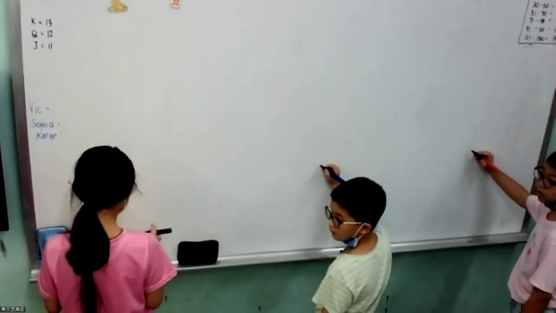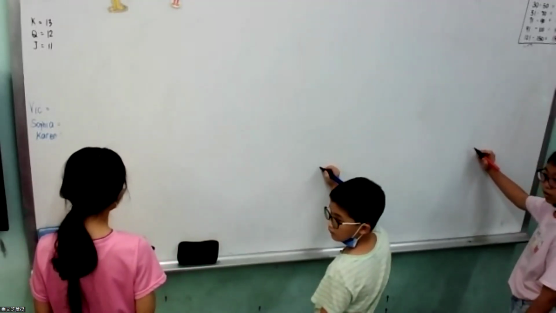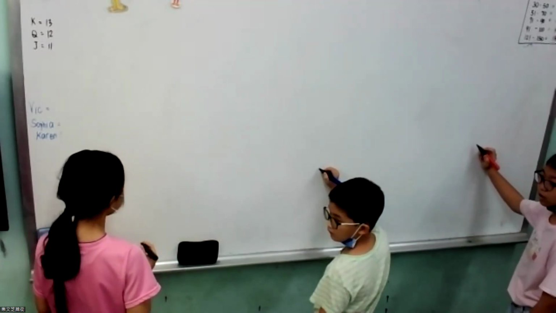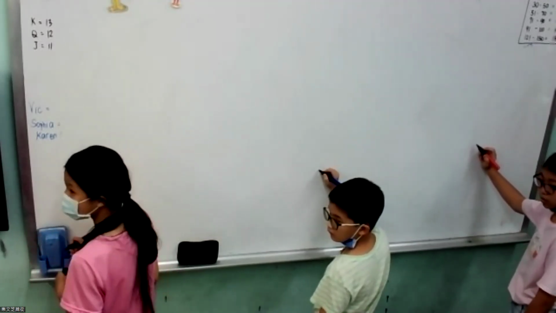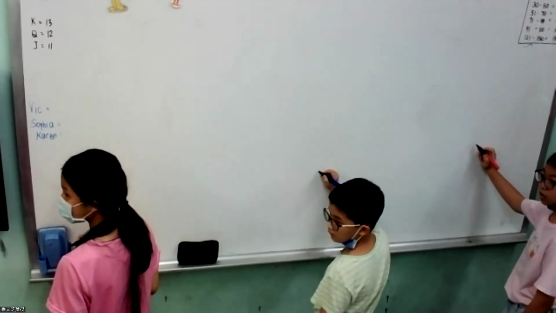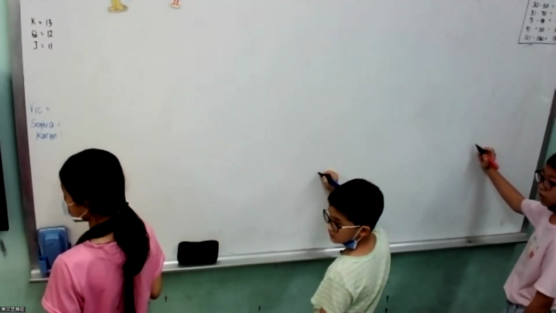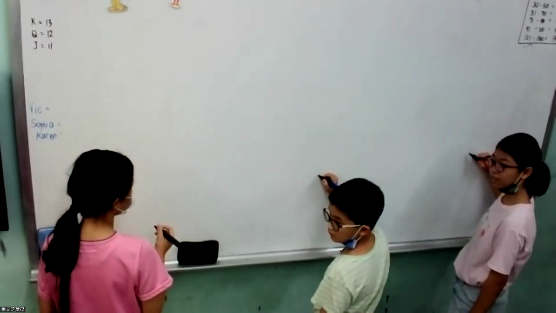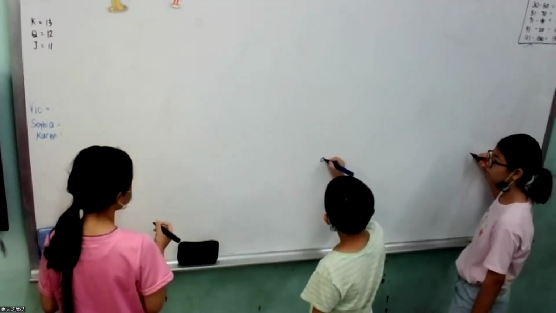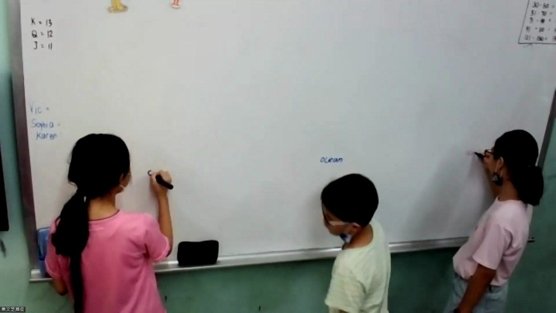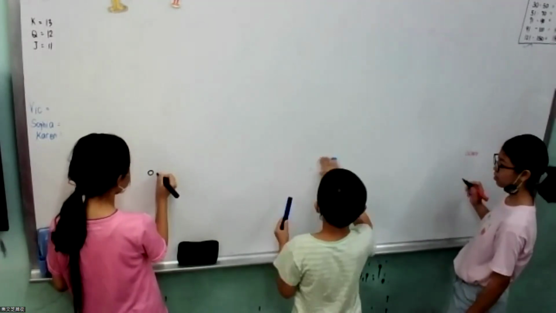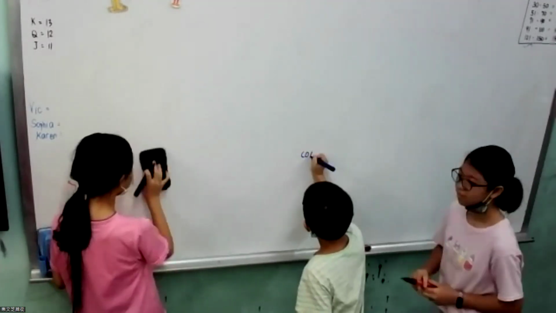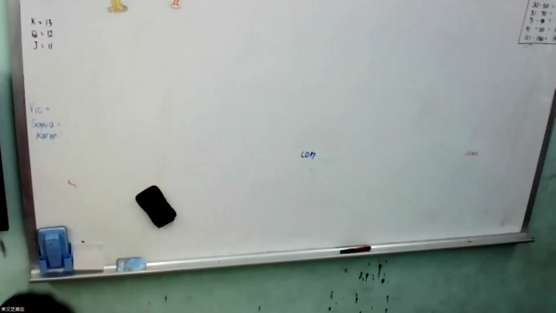Okay. The earth is made up of two parts, the land and the water, right? What do you call the land part of the earth? You can go there if you want to check.